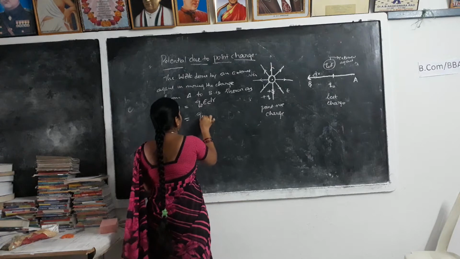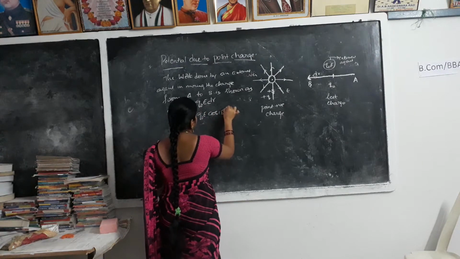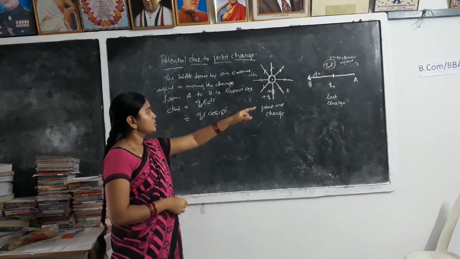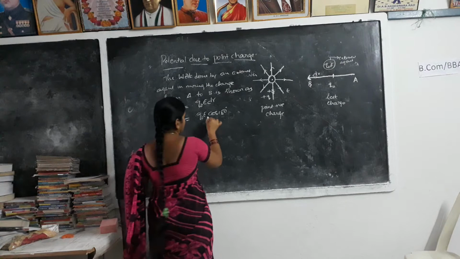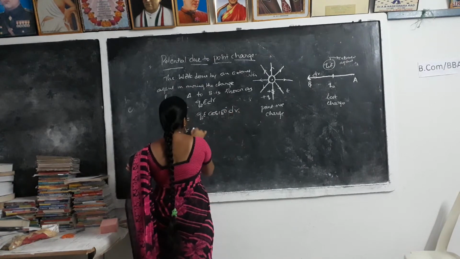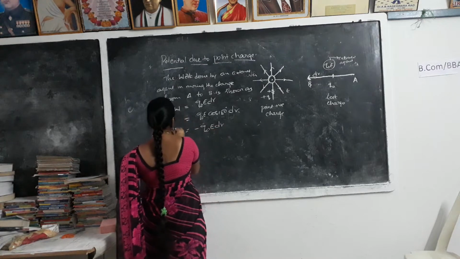Here Q naught E cos 180 degrees because it is along the straight line. Then Q naught E dr, so cos 180 gives minus Q naught E dr.